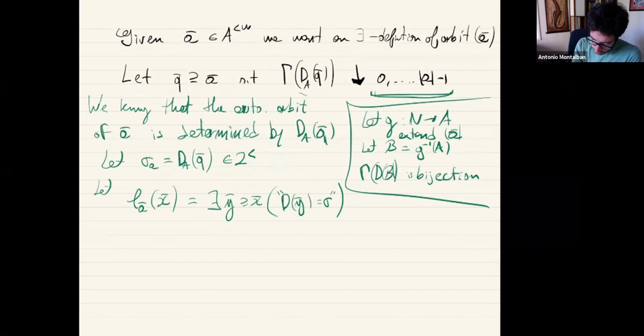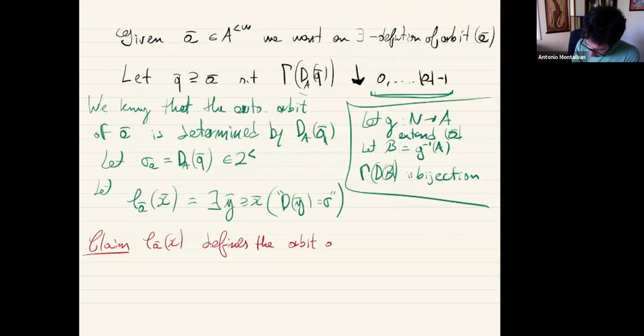So the claim is that phi A defines the orbit of A. Okay, so what do I mean by diagram here?